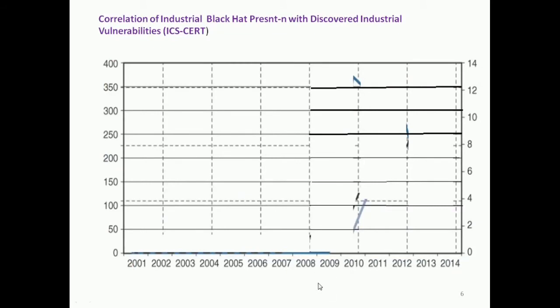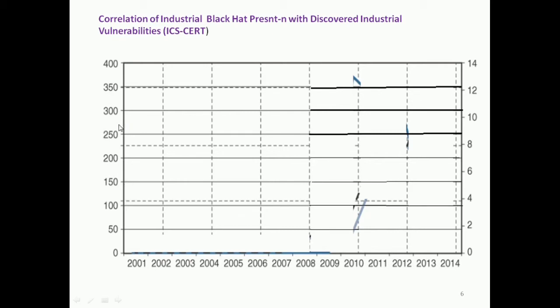So let me see the correlation of industrial Black Hat presentations with the discovered industrial vulnerabilities, right? You can see 2001 to 2014, and vulnerability reports from 0 to 400.